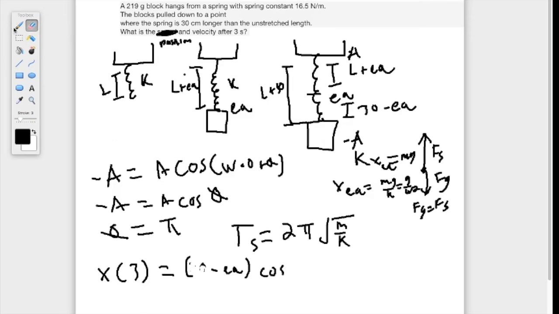because you have to have the units match. So and then cosine of 2 pi. So angular frequency is 2 pi over T, so 2 pi over 2 pi radical m over k, and then times t plus pi. All right, and then I'm going to rewrite this.